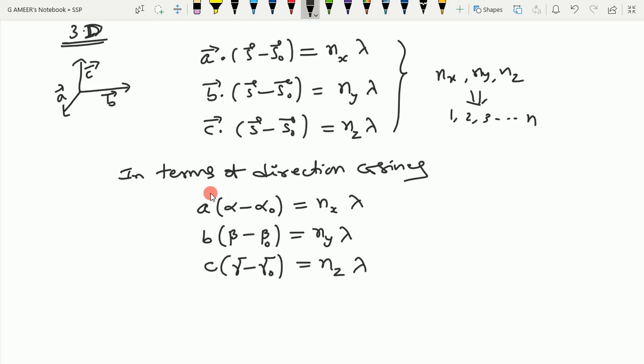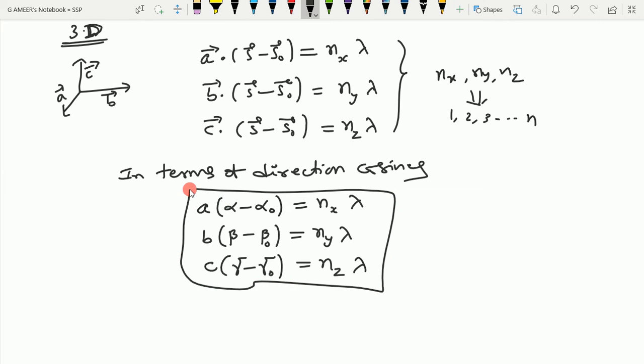So this is the representation in terms of lambda.